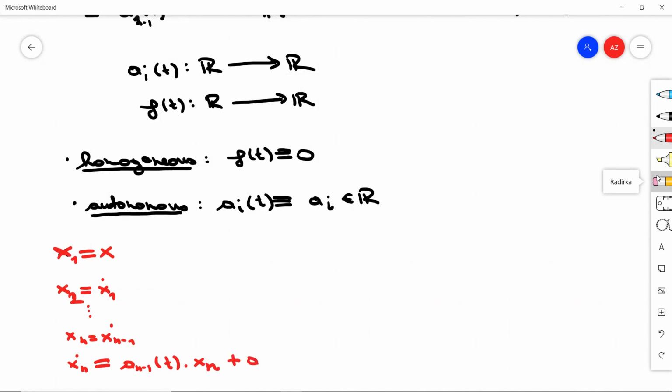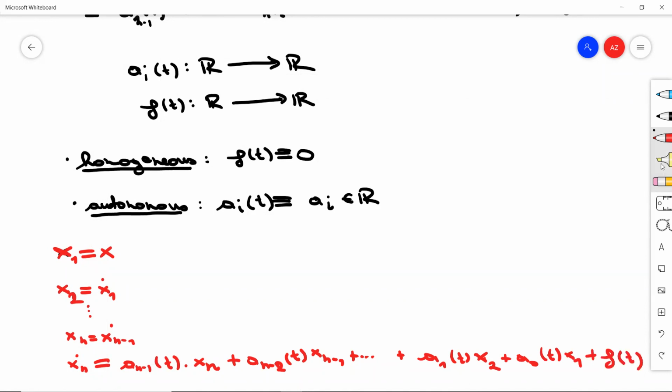And then plus an minus 2 of t times xn minus 1 and so on, plus a1 of t times x2 plus a0 of t times x1, plus this non-homogeneous part.